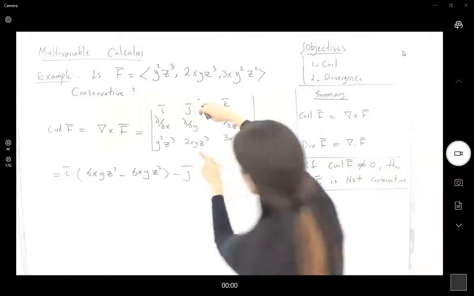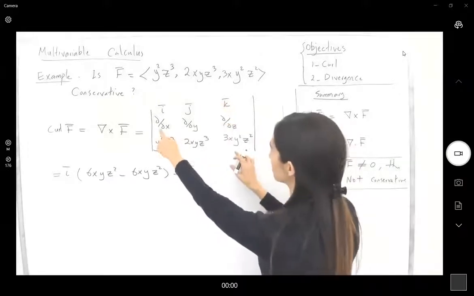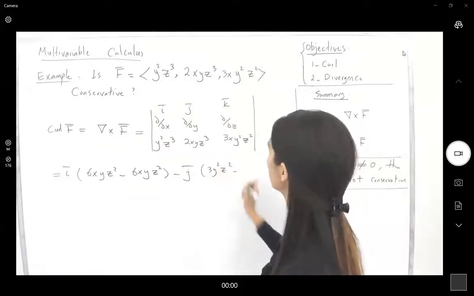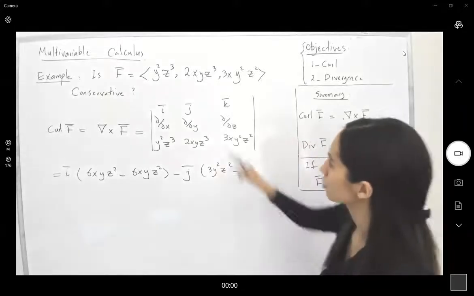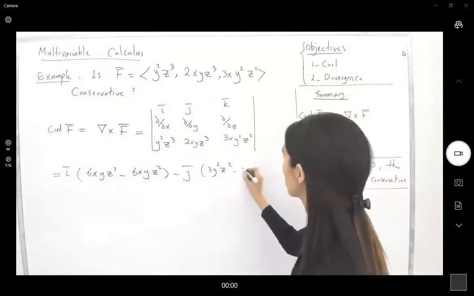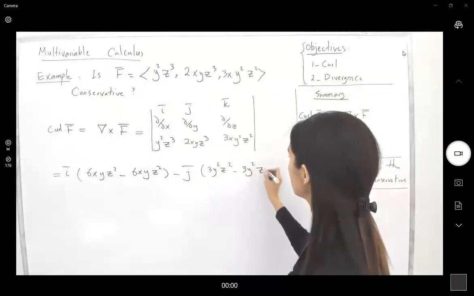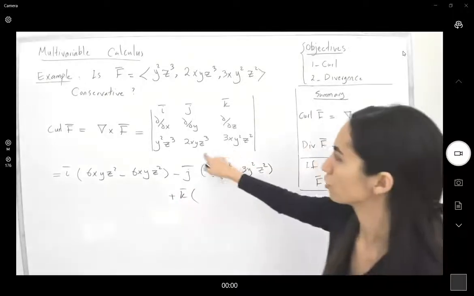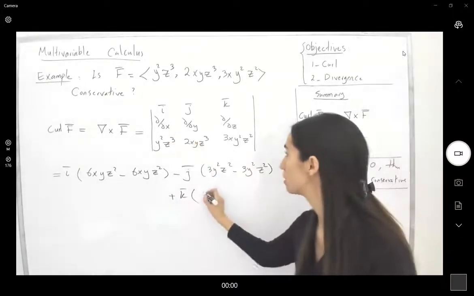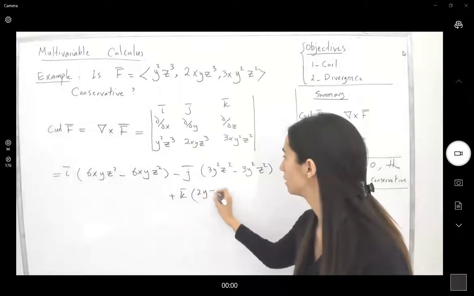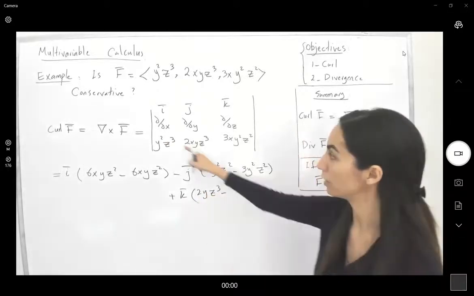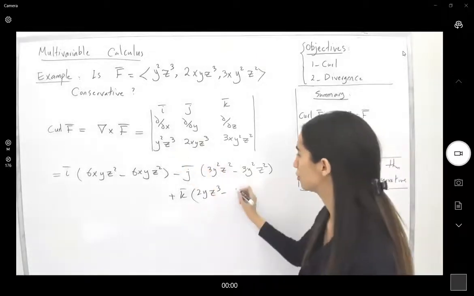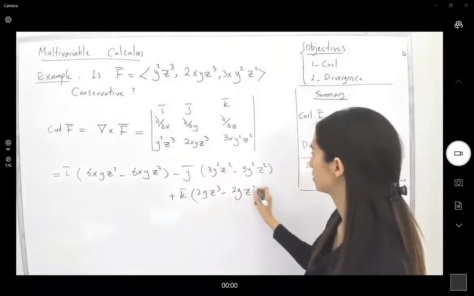Well, partial derivative with respect to x gives me 3y squared z squared, minus partial derivative with respect to z, 3y squared z squared, plus k, partial derivative with respect to x, which is 2y z cubed, minus the partial derivative with respect to y. Here you have 2y z cubed.